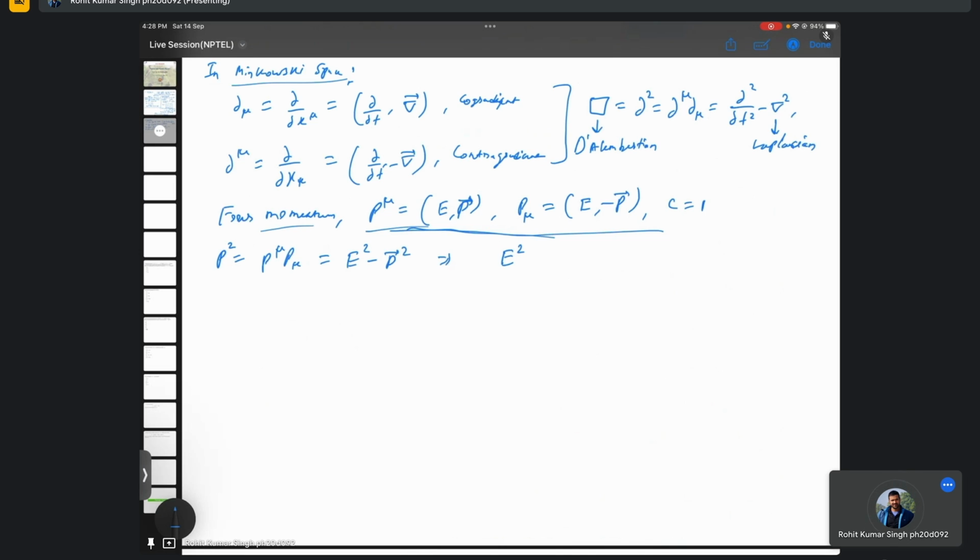So you can write E square is equal to p square plus the 3-vector p square, right?